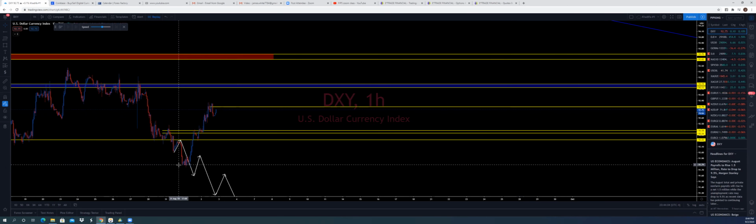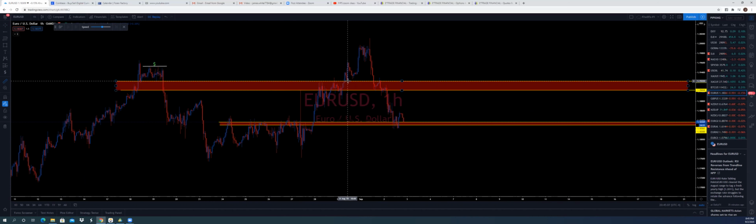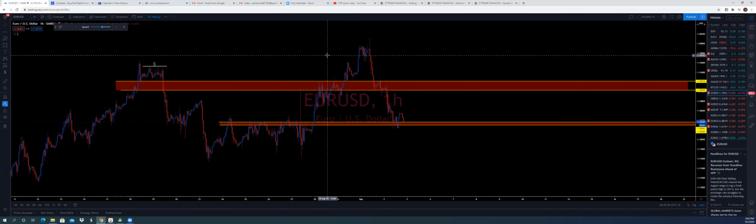We was looking for Euro USD to give us a good 30 to 50 pip move, and we ended up getting more than that out of it. That's cool. And then, of course, as you've seen the dollar start to reverse and go bullish, then you start to see Euro USD reverse and go bearish, which is no biggie.